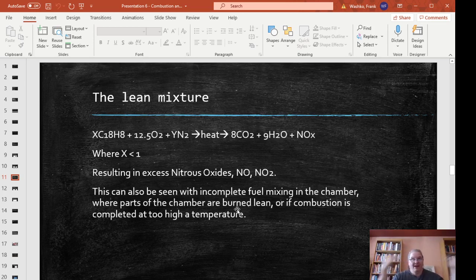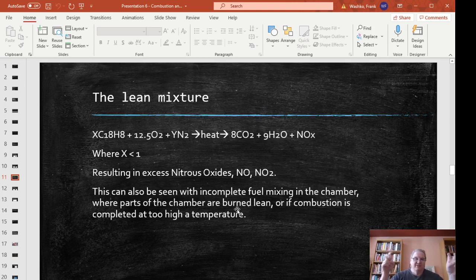And when you have that high heat of combustion temperature, what's happening to the rest of the oxygen? It's going and combining with the nitrogen in the air. So what you end up with on that side is the CO2s, the H2Os. So you get the carbon dioxide and water, but then you also end up with these combined nitrogen oxygen compounds, which are called NOx.